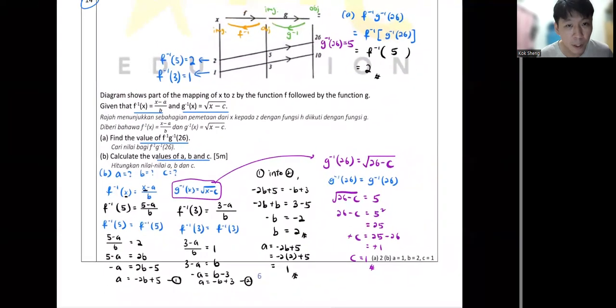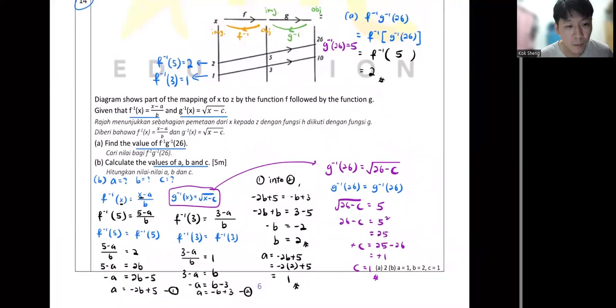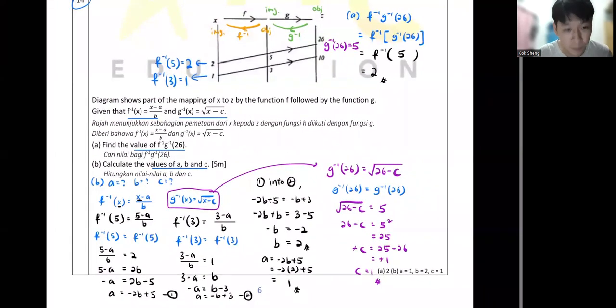Okay, question 14, I read for you first. I know the working is quite long.